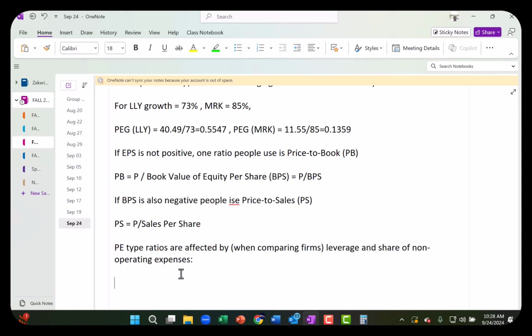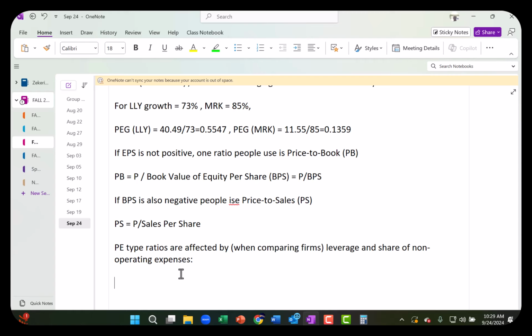You're basically saying, I have this ratio, I want them to be the same. And you take the ratio of the firm that you use as an anchor or group of firms, and you back out a price that implies the same ratio for the firm for which you're trying to get a price.